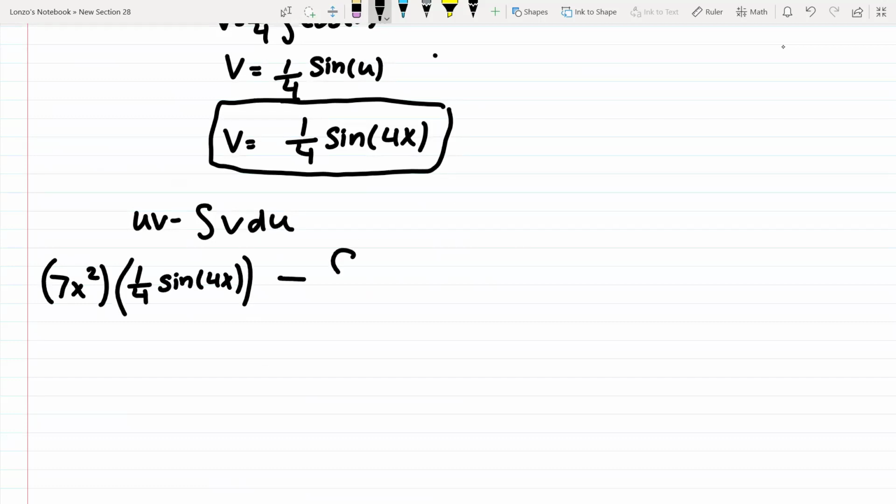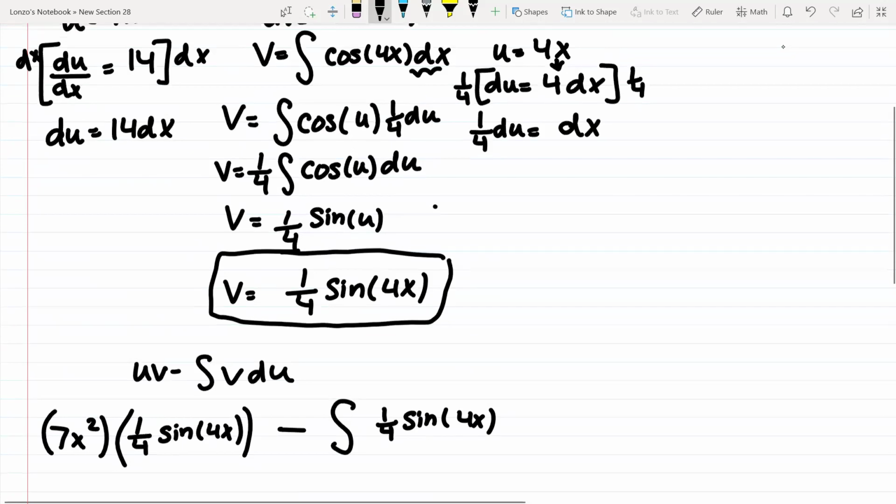Minus the integration of v du. So our v is 1/4 sin of 4x. And then my du is 14x. So if we go up, our du is 14x.